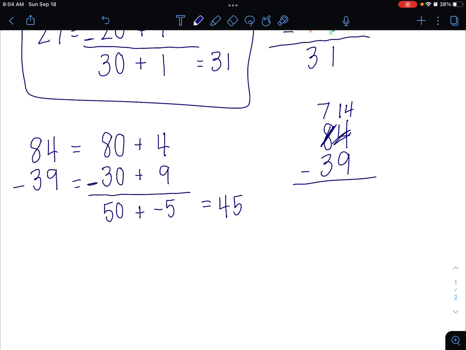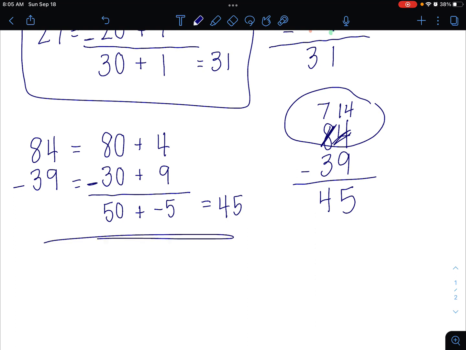So now I have 14 minus 9, and I get 5. And then I have 7 minus 3, which is 4, so 45. So I'm getting the answer either way, but if you don't understand how the borrowing works, this might be a good strategy that you can use to do some borrowing.